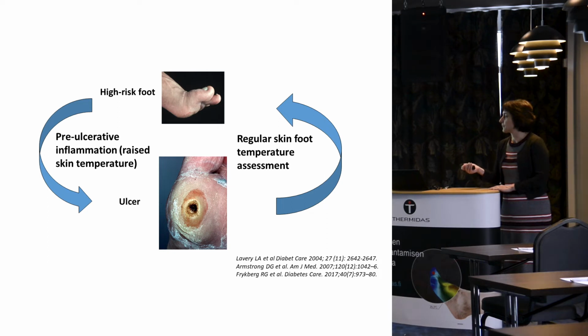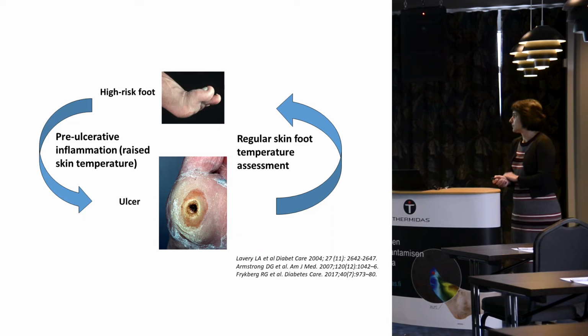It is associated with a rise in skin temperature before an ulcer occurs. And therefore, if we can identify this with a measure, we may be able to identify areas at risk of possible skin breakdown and ulceration.